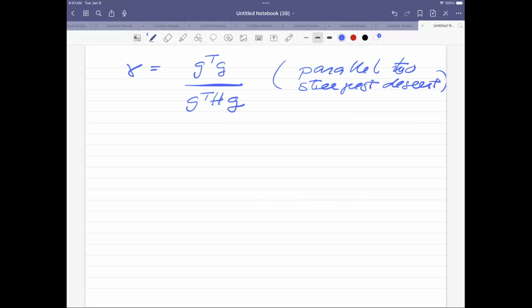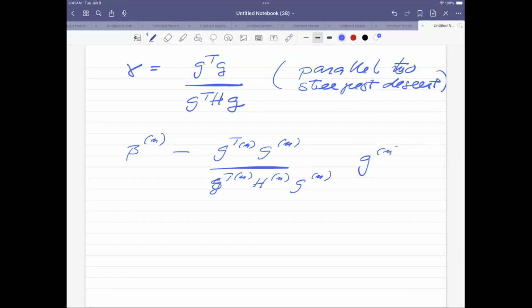So when I'm setting up this algorithm, beta of n, I could put this one in, with the dependencies on iteration n, divided by g transpose of n, h of n, g of n, multiplied with g of n, because this is just my gamma. So I could do that.